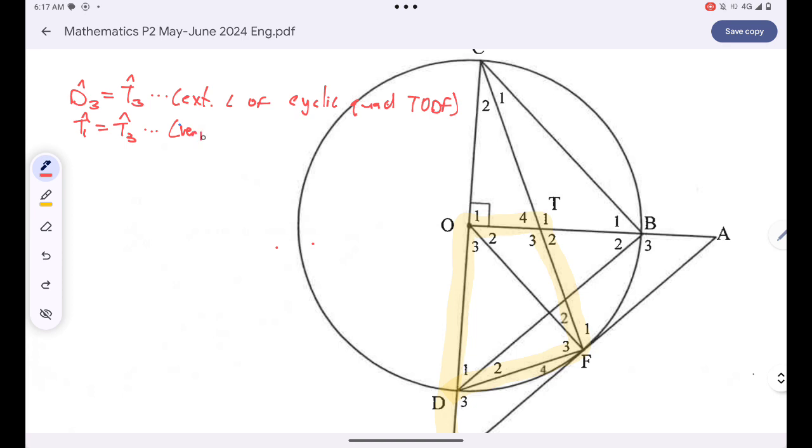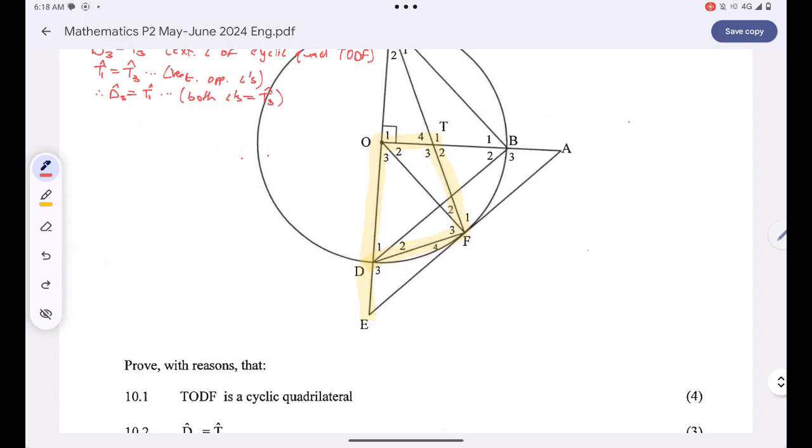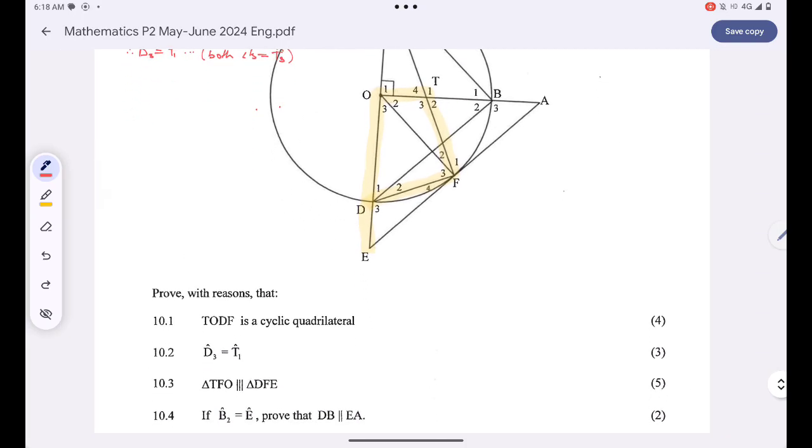These are vertically opposite angles. And therefore I can simply say that D3 is also equal to angle T1. Why am I saying that? Because both angles are equal to angle T3. Now I've proven that angle D3 is equal to angle T1.